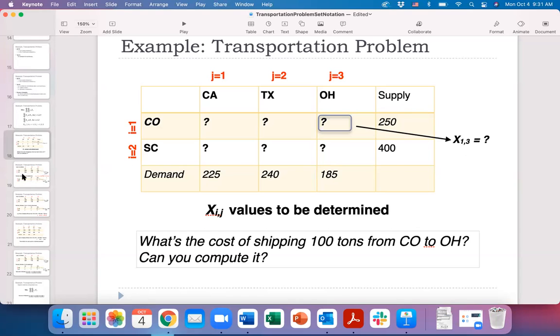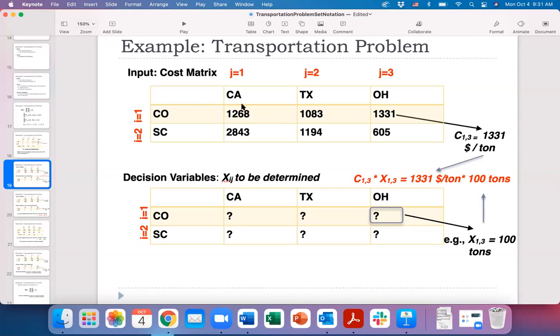Well, for that, all you need to be given is the unit shipment cost. How much does it cost to ship a single ton of the product from Colorado to Ohio? This was given in the cost matrix, right? The cost to ship from Colorado to Ohio was given as $1,331 per ton.